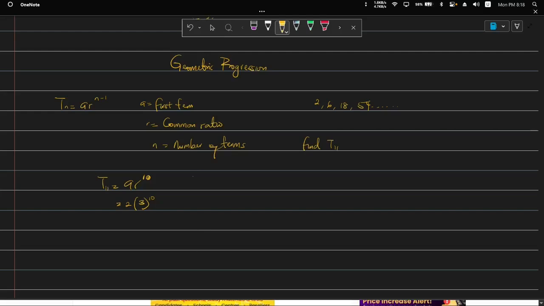That's 118098. So the nth term of a GP is very, very easy. It's a very, very easy question.